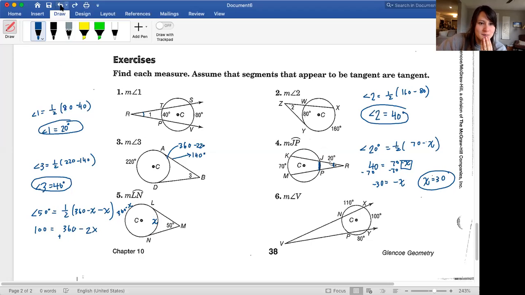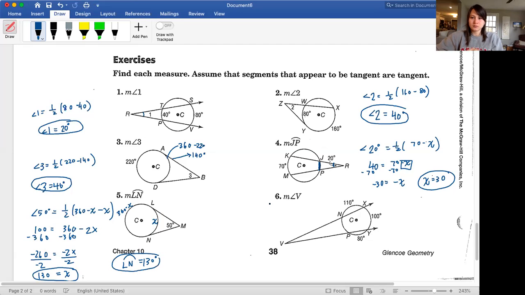And so I have negative 260 equals negative 2x. So divide by negative 2 on both sides, and you have a positive 130 equals x. And so that is actually LN, because if we labeled this as x, arc LN equals 130 degrees.